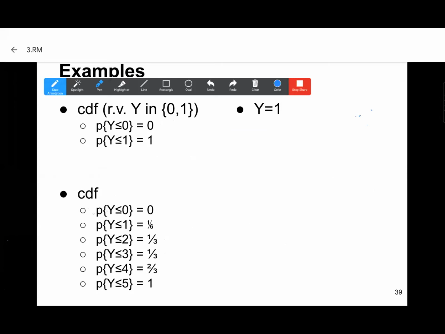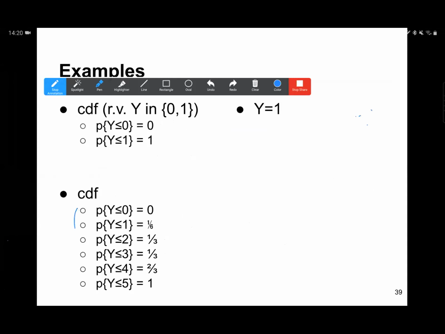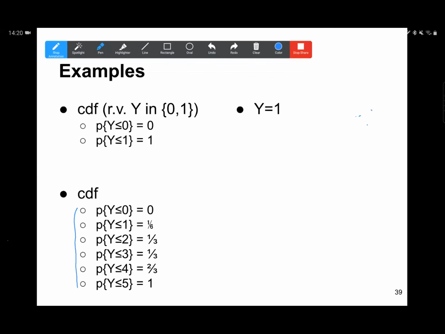So this is the cumulative distribution function telling us the probabilities that the random variable is smaller or equal to a certain number. And from here, let's try to understand what is the probability mass function for this random variable.